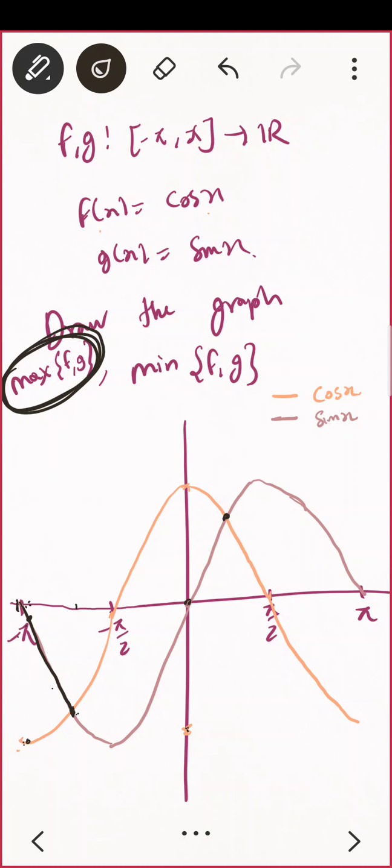Let me ask someone else. Roll number 21, Sakshi. From this intersection point to this intersection point, which function is maximum? From this to this, whether sine or cos, which one is maximum?